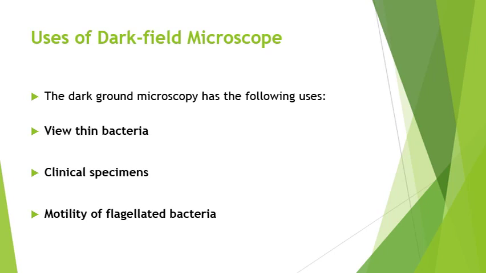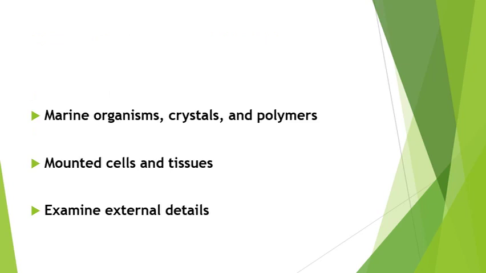We can also observe the motility, the movement, of flagellated bacteria. In addition, we observe different types of crystals and polymers, and different types of tissues and cells mounted on a slide can also be viewed.